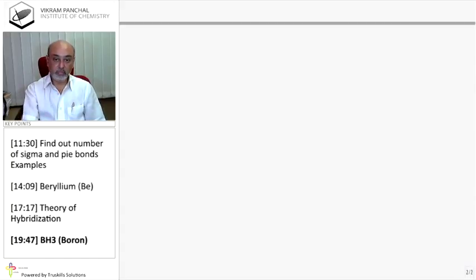Next is BH3. Here also boron, atomic number 5, configuration 2s2, 2px1, 2py, 2pz.